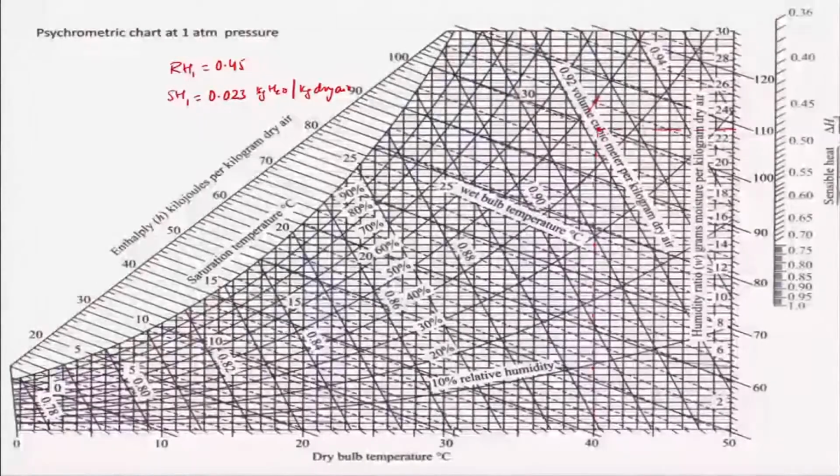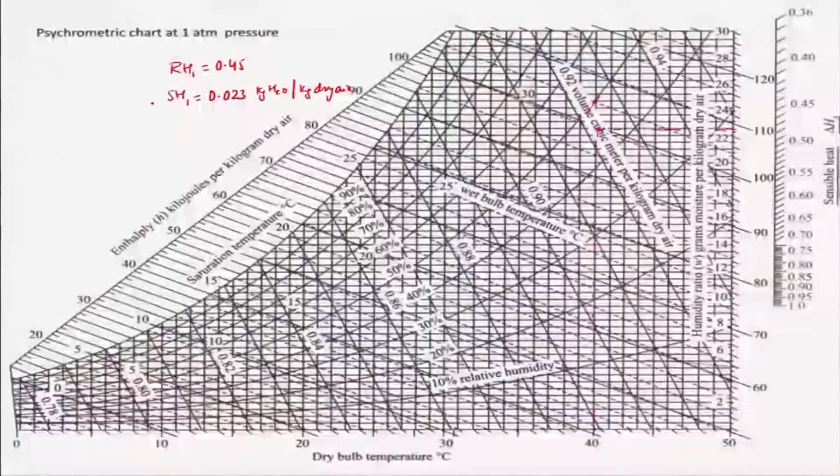Are you getting it? Earlier, how much did we get? From calculation, we got SH1 equal to 0.0237, and this is from the psychrometric chart. There is an error, of course, but it is very quick.